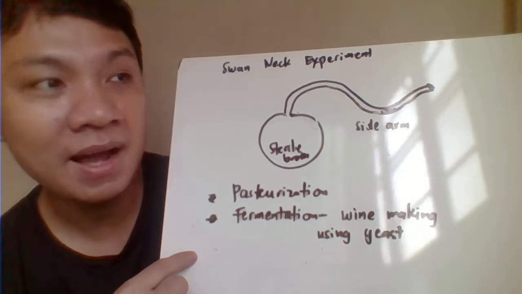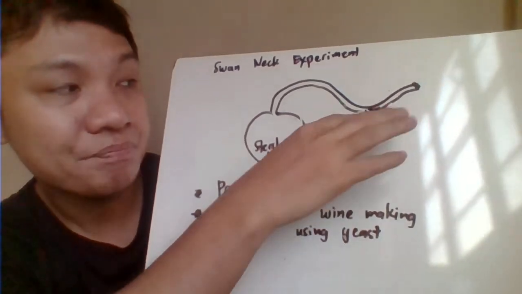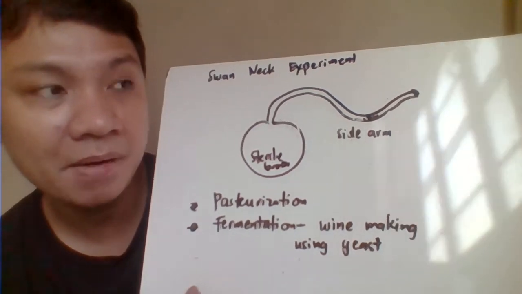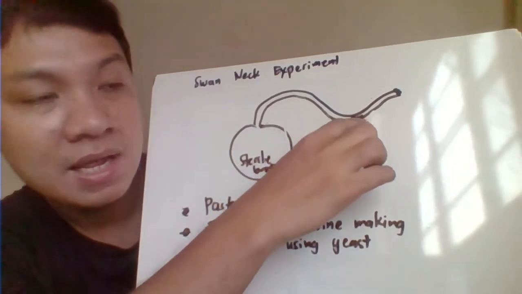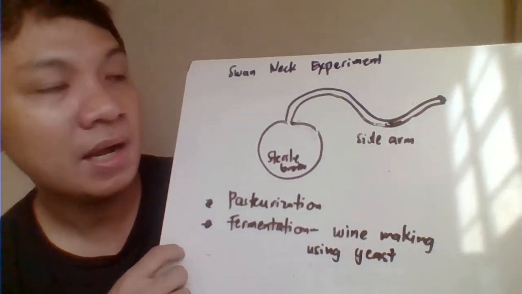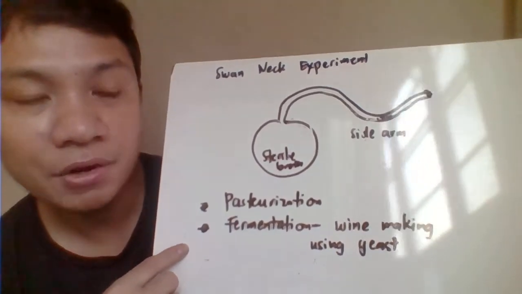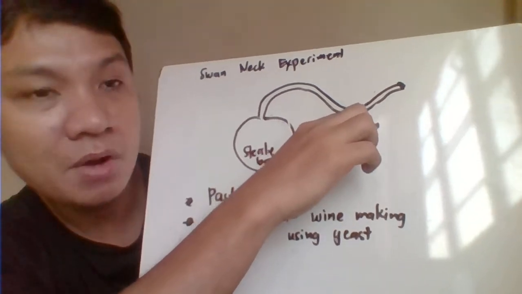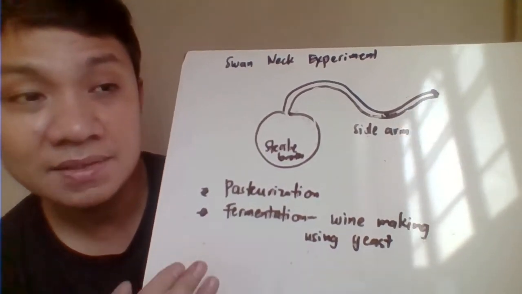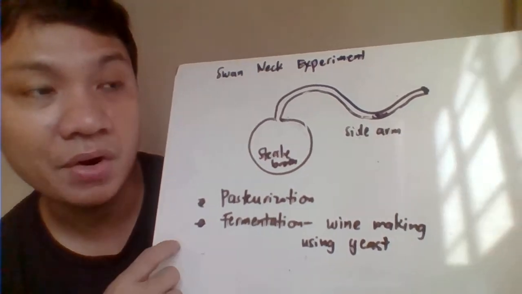But then again, ang microorganism here in the air, although ang air nakapasok, pero ang microorganism in the air, hindi siya makapasok because they are being trapped here in the side arm, or kung nakabent ang arm ng ating flask. And therefore, the microorganisms here are trapped on this part, and the air could enter, but then again, the air has already been free from the microorganisms.